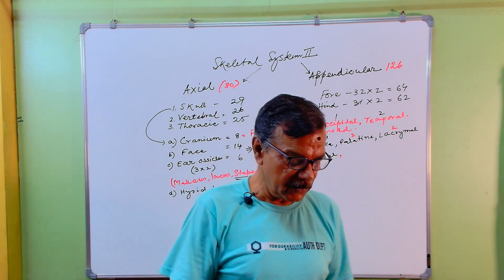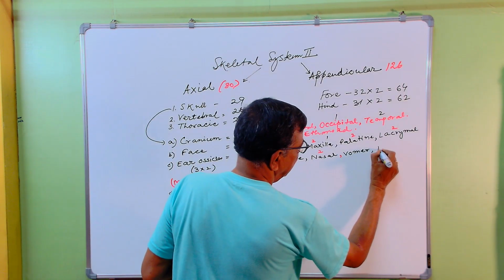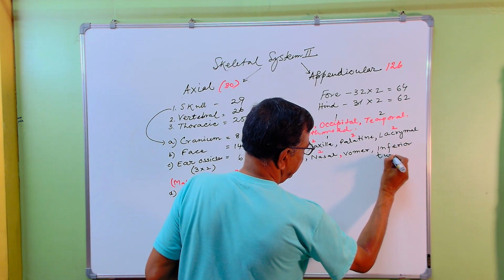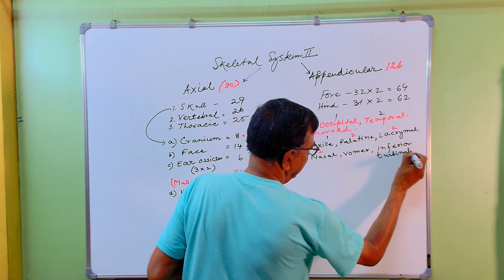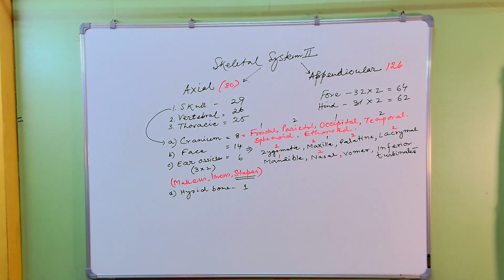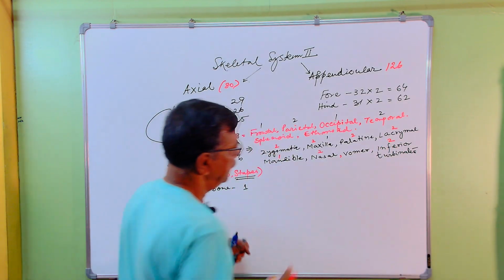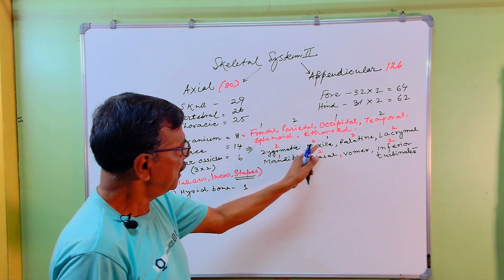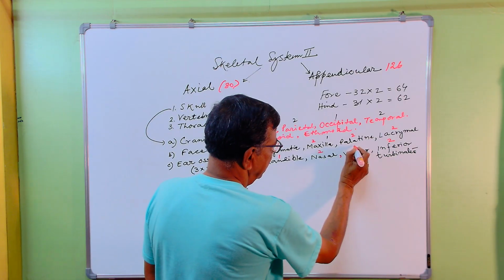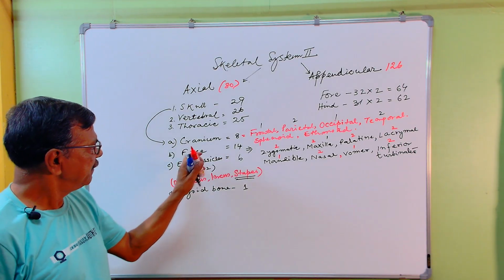That bone is known as the vomer. Then the inferior nasal conchae, which increase the nasal passages, two of them. How much? 2, 4, 6, 8, 10, 12, 13, 14. These are the 14 face bones.